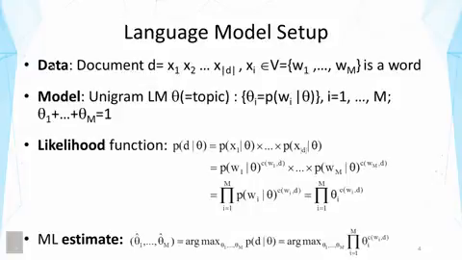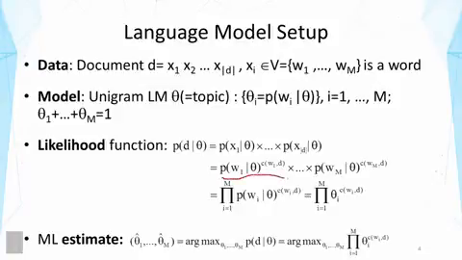Now, what does the likelihood function look like? Well, this is just the probability of generating this whole document given such a model. Because we assume the independence in generating each word, the probability of the document would be just a product of the probability of each word. And since some words might have repeated occurrences, we can also rewrite this product in a different form.